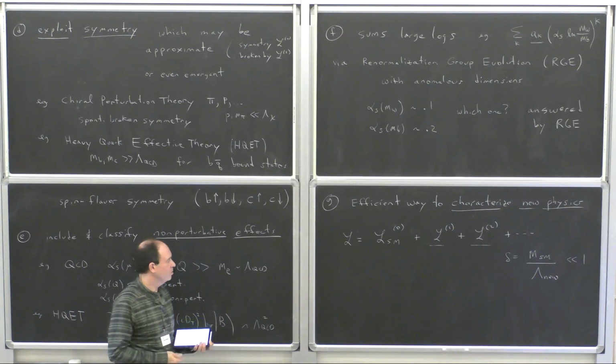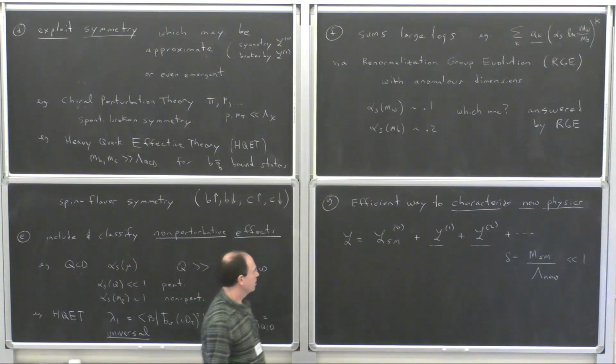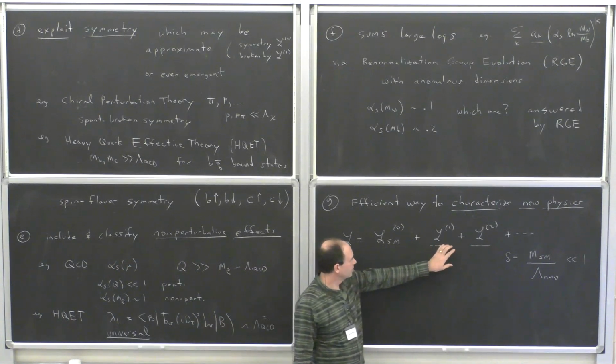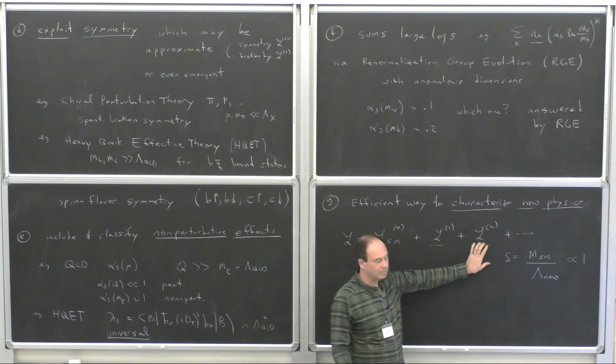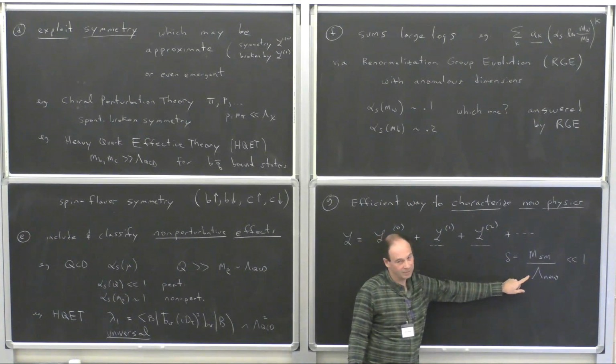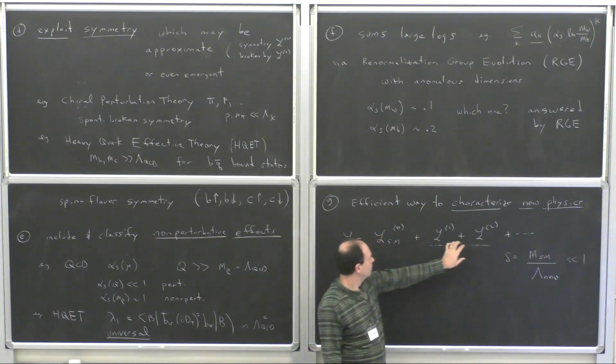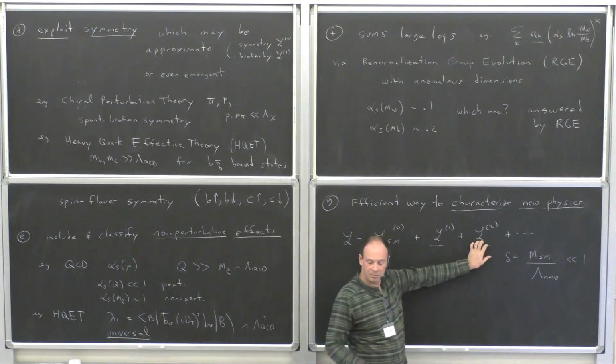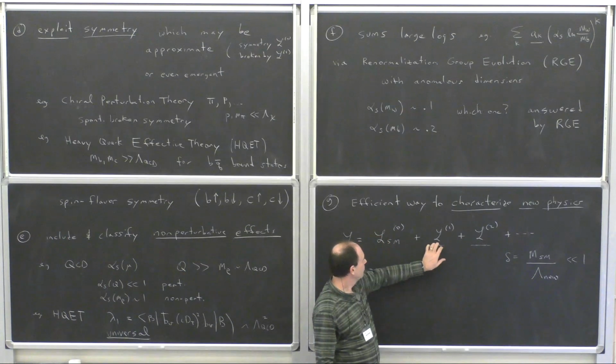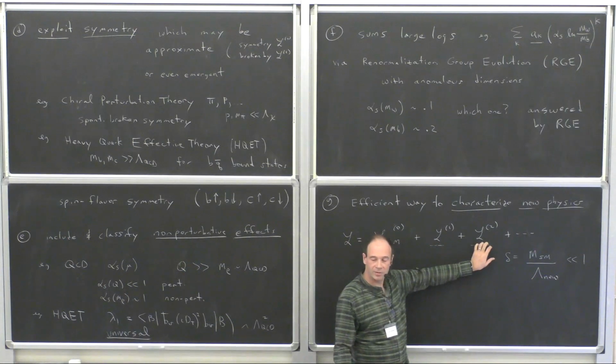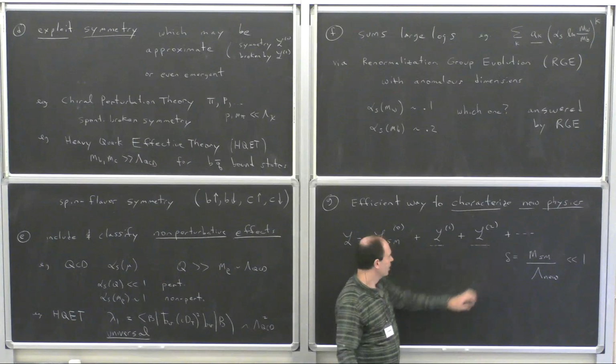I can just use completeness and construct a complete set of Lagrangians that satisfy all the symmetries of the problem, independent of knowing anything about what the new physics is, except that it's heavy. I have to know that the new physics is heavy. And then I can write down complete Lagrangians here that characterize that new physics, and I can try to constrain, say, the coefficients of those Lagrangians to look for new physics.